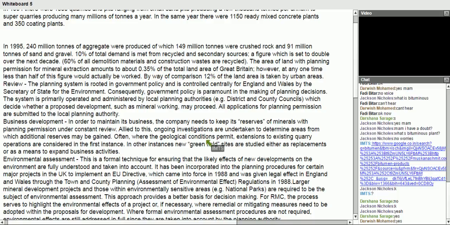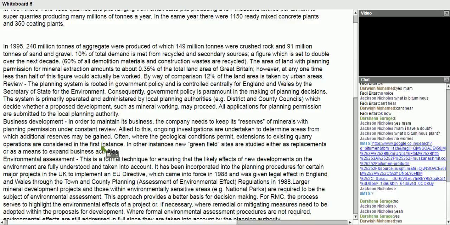See, we should only do extraction at places where geological conditions permit. If you do it forcefully, it is going to cause harm to you only, right? The human race is going to come to an end because of nature's fury, like earthquakes, too much rainfall, acid rain, right? Earthquakes, volcanic eruptions.